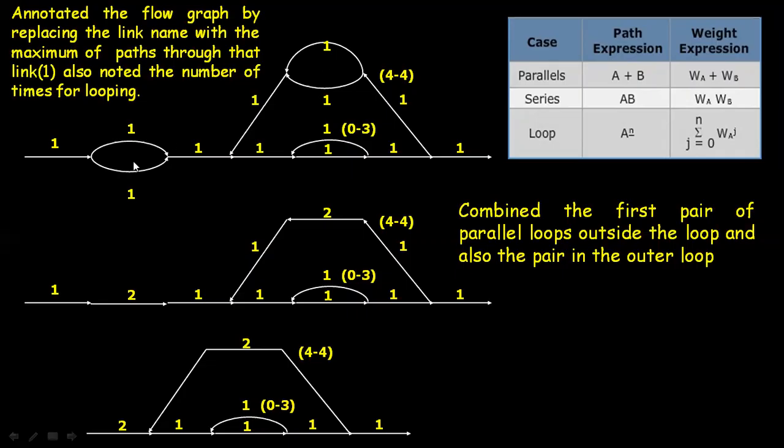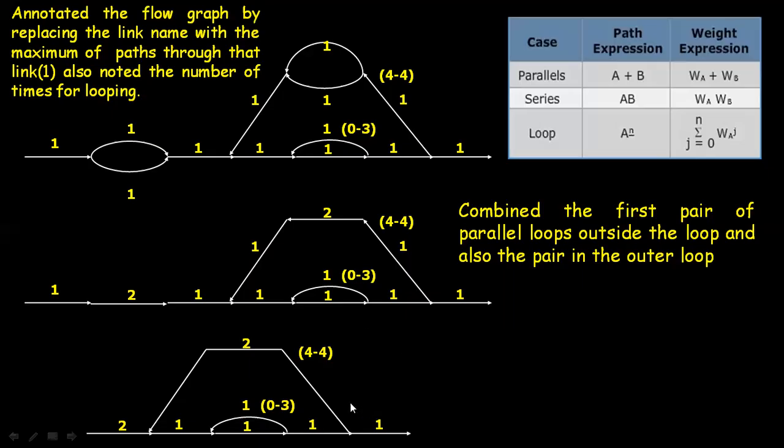See here, these are parallel loops, and these are also parallel loops, because both are going in the same direction. This also, from here to here, from here to here. But in this case, it is not a parallel loop. It is a loop, but it is going like this.